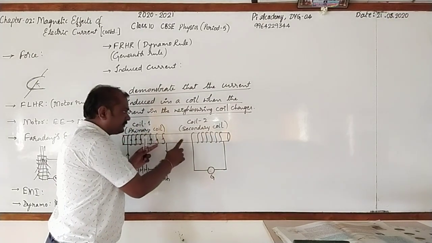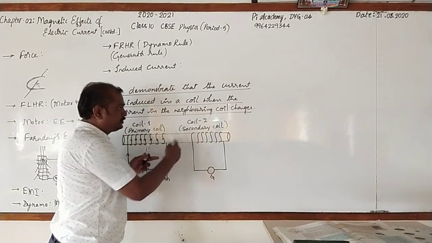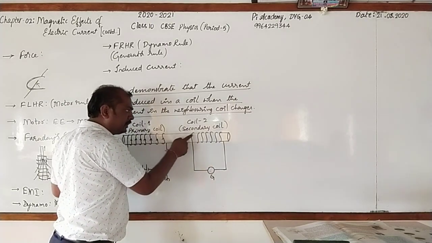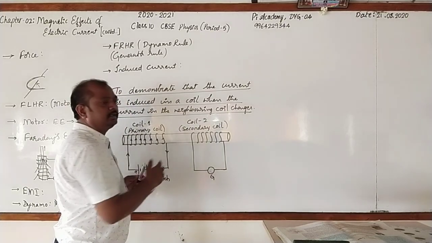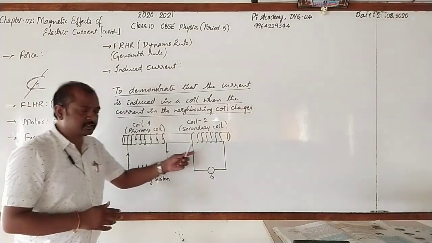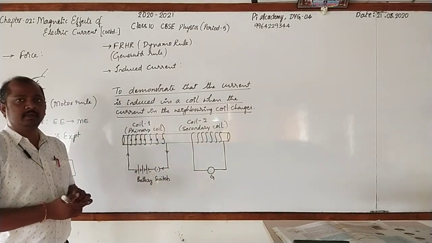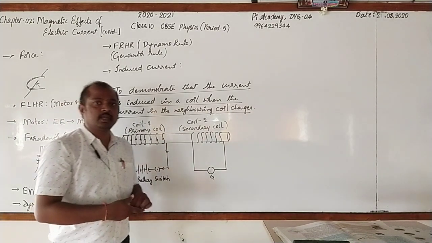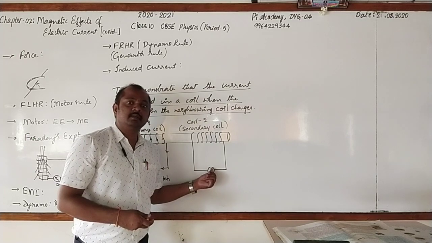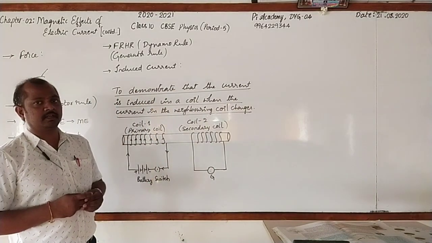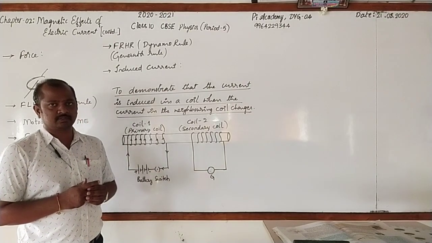And as the field gets changed, the magnetic field linking with the coil changes, so current is induced in this coil. Similarly, when the switch is turned off, immediately you can see that this time the needle in the galvanometer shows the opposite direction, then finally comes to rest.